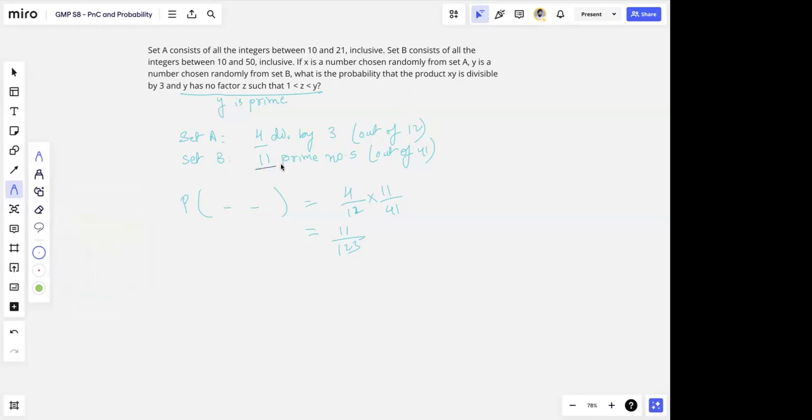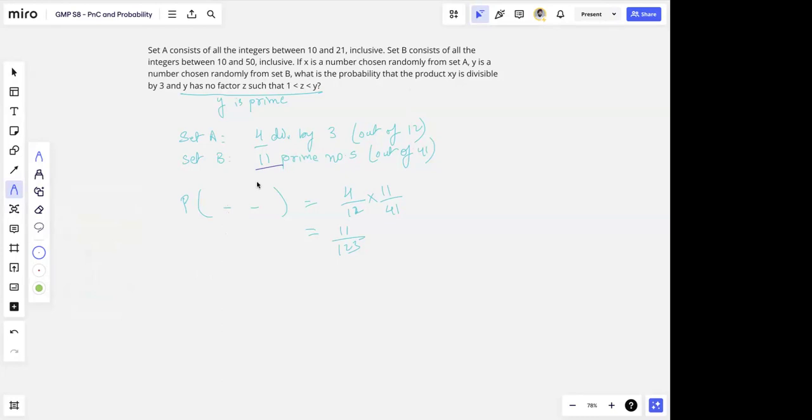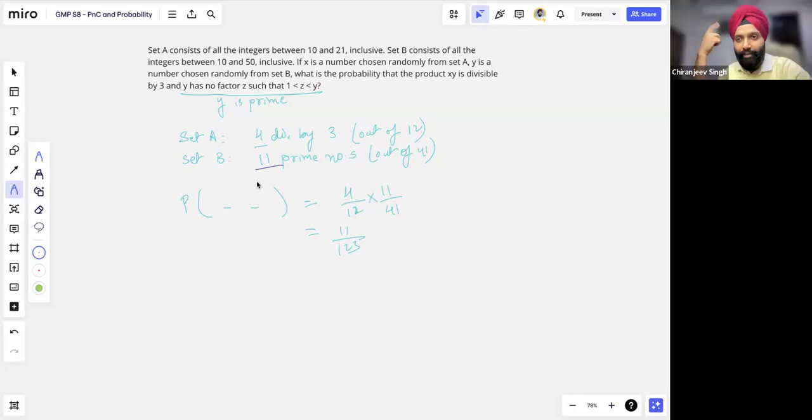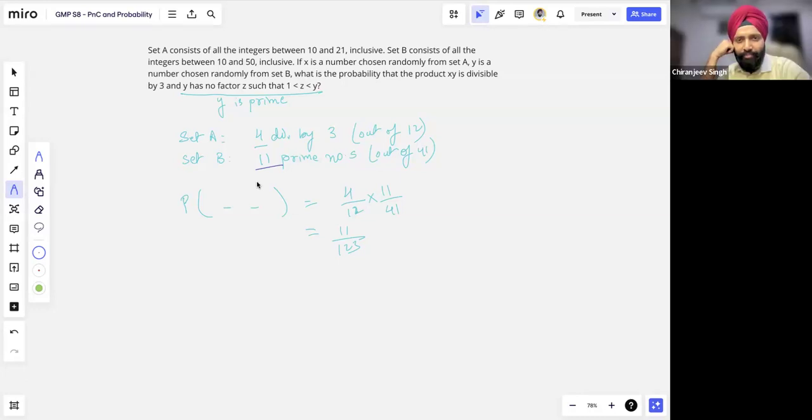So it will be 4 upon 11, because Y has no factor other than itself, so Y is only a prime number. So out of those, we have to pick one from the prime numbers.